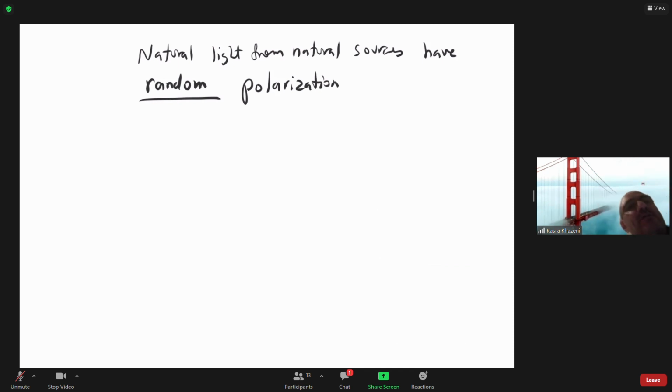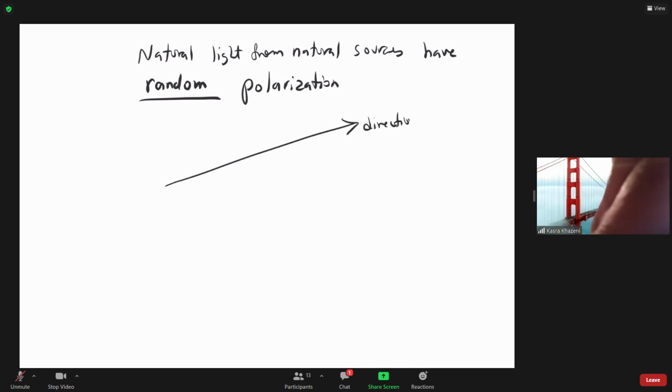Okay, they have random polarization. What does that mean? Well, if the light is going in that direction of propagation, then the electric field is randomly positioned.